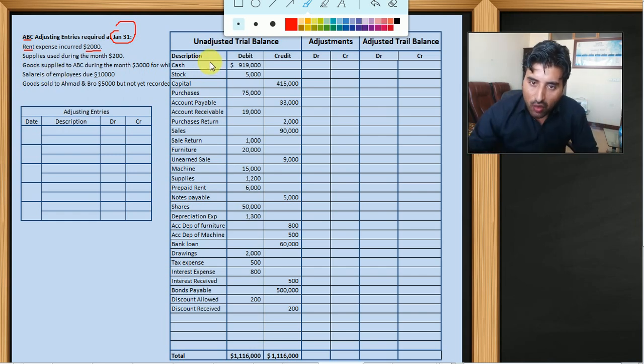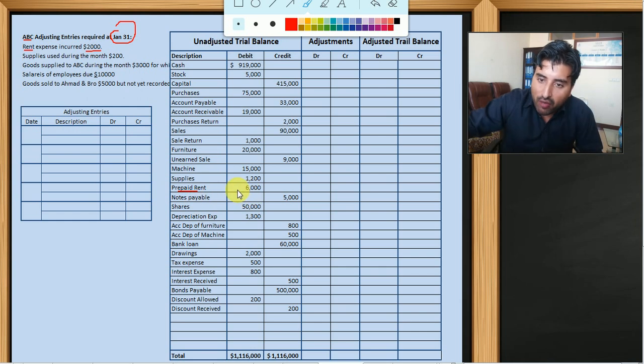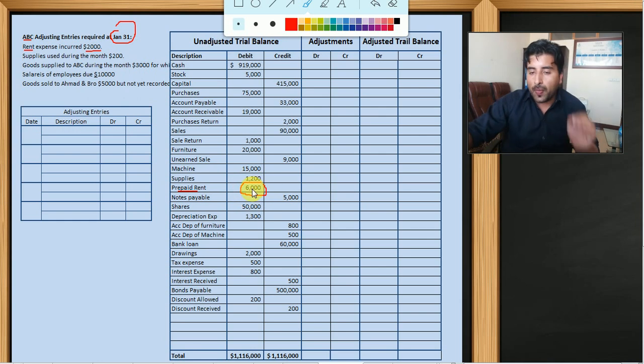Just check all the accounts. We have only one account which is related to rent, so this account should be adjusted. How much is the total value of this account? $6,000. If you remember, prepaid rent is our current asset, right? And we had paid in advance at the beginning of January.